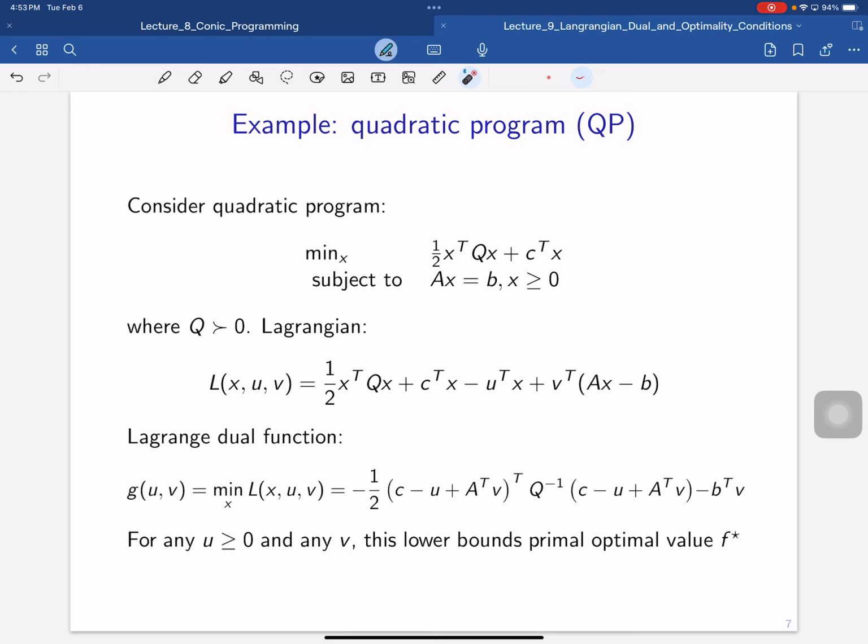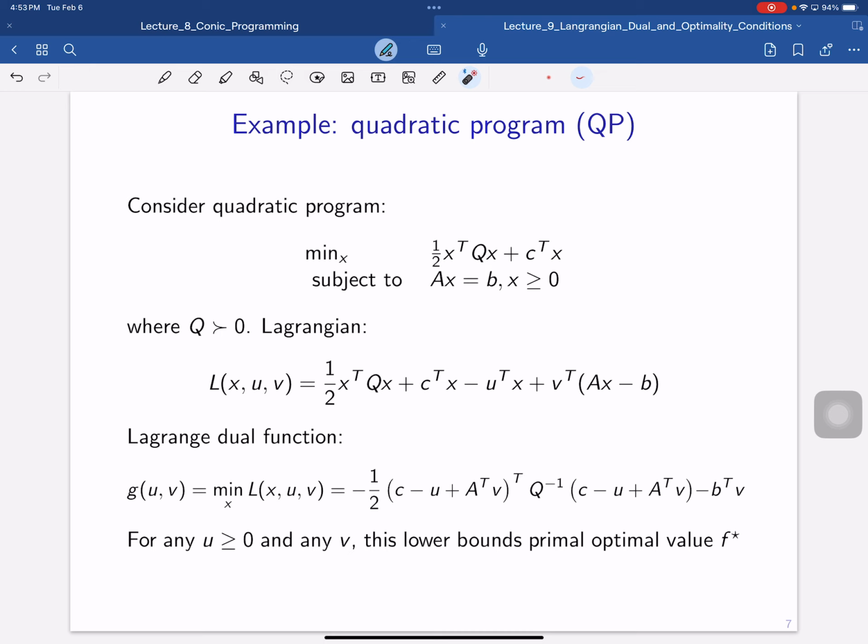Now let's show it for the quadratic program, where you have a quadratic function x transpose Qx plus c transpose x, and the constraints are nothing but the standard form of a linear program, right? If you remove this x transpose Qx part, this is just a linear program, right? And here we assume Q is positive definite, okay, just to make sure the problem is strictly convex.